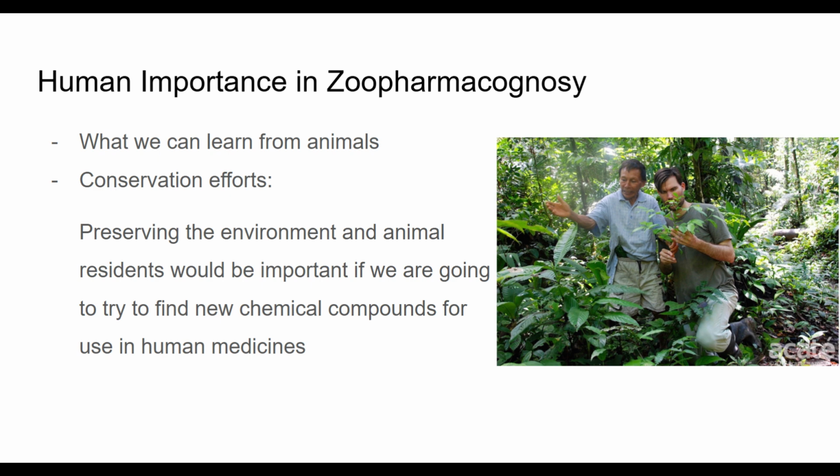Preserving the environment and animal residents would be important if we're going to try and find new chemical components for use in human medicines. Overall, in conclusion, animals and plants interact in many different ways, and from observing them, we can discover new ways to solve similar issues we face.